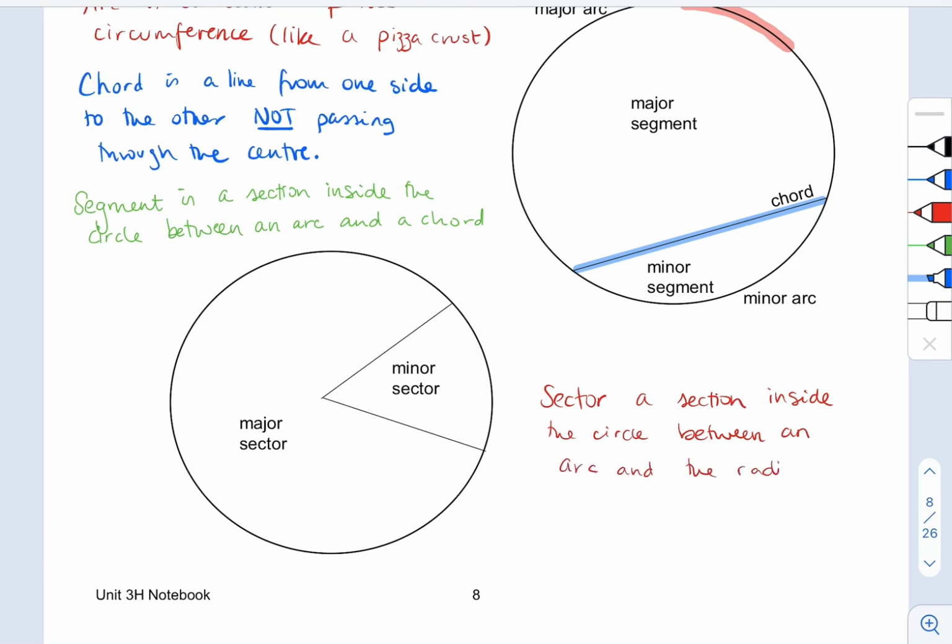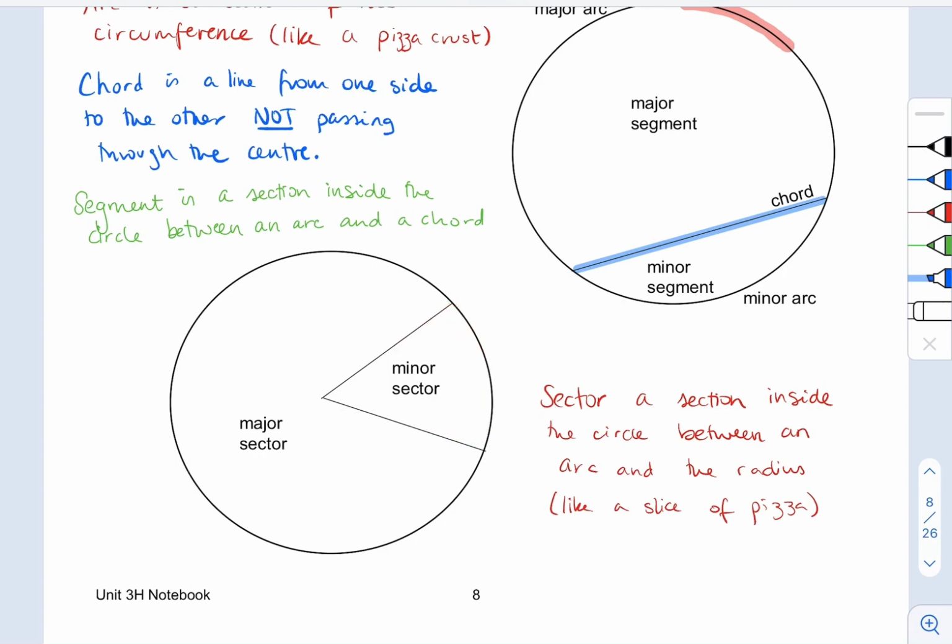So remember that one's between an arc and a chord. This is between an arc and a radius. So this is like a slice of pizza. So here you have an arc. There's a radius. There's your pizza slice, also known as a sector.